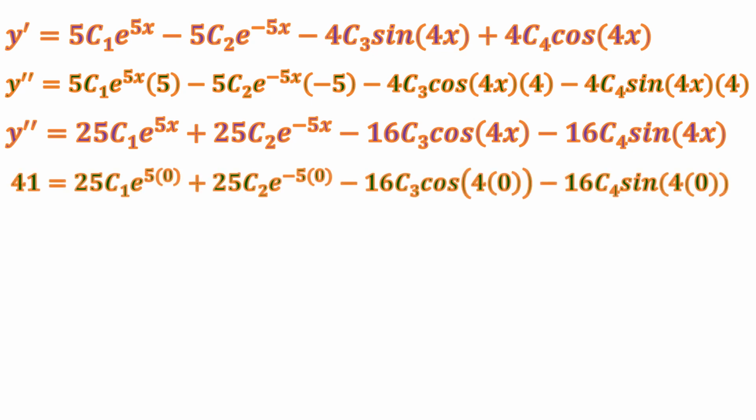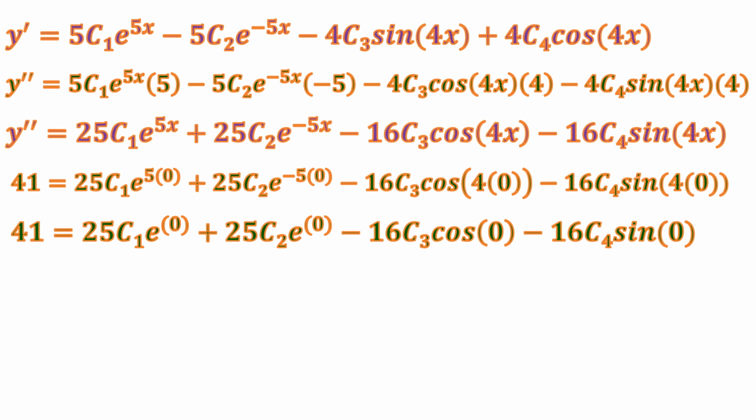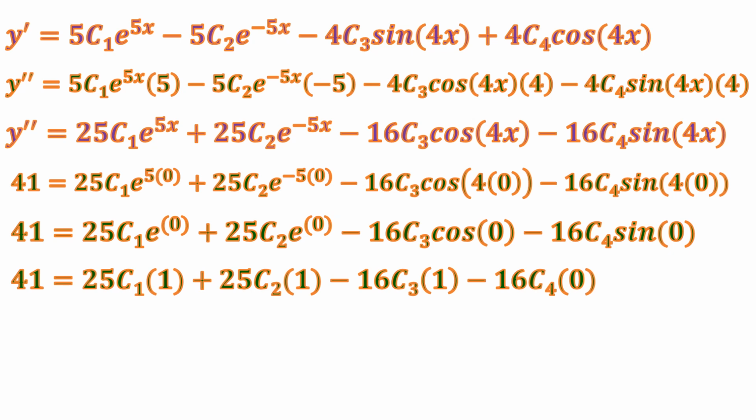And then we are going to substitute based on the given initial value. If x is 0, then the y double prime is 41. And so let us simplify this. Every number multiplied by 0 becomes 0. And then e raised to the 0 becomes 1.